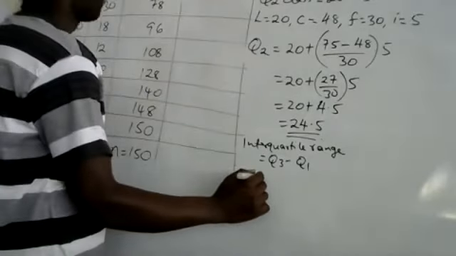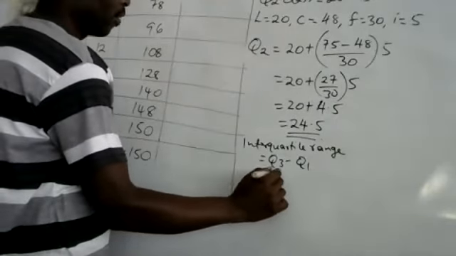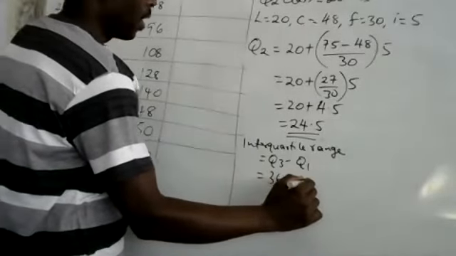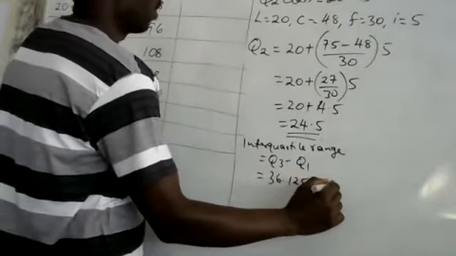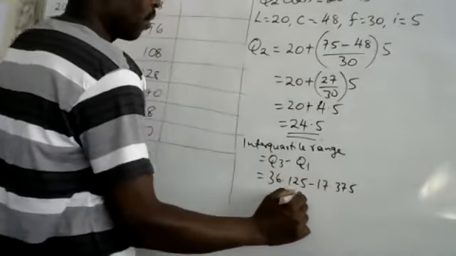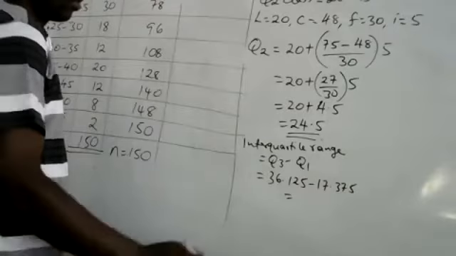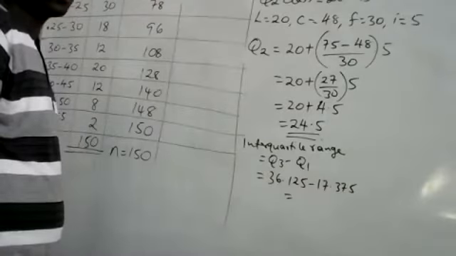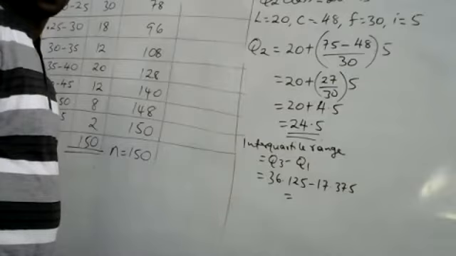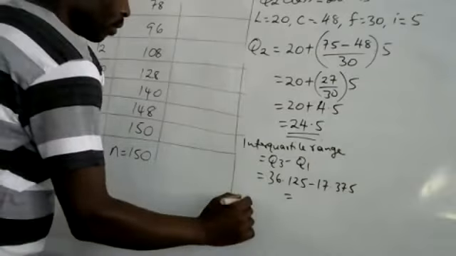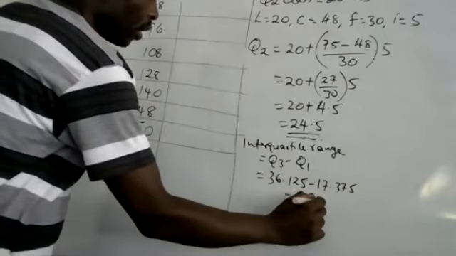In this case, the upper quartile was 36.125 minus 17.375, which gives us 18.75.